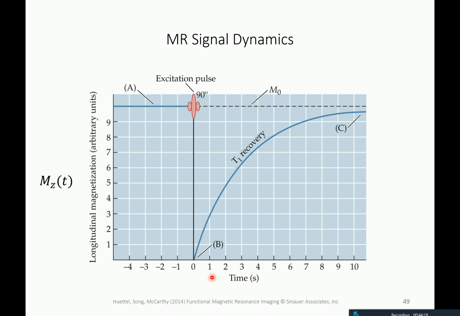The T2 effects happen within a couple of milliseconds. T1 recovery, depending on the T1 time constant that governs this exponential recovery, takes longer, and then goes back to the original magnetization, usually.